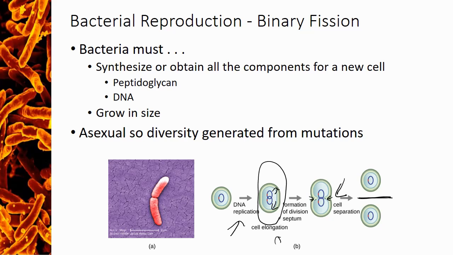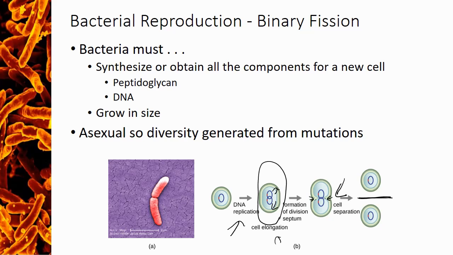For species that tend to form specific arrangements, such as streptococci that form chains, the two separate cells do not necessarily release from each other and instead remain attached, forming the chain arrangement that's characteristic of that species. Because binary fission is asexual, there's no combining of different genetics from two different parents.